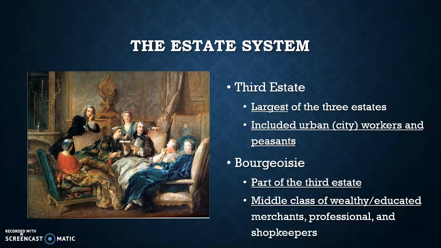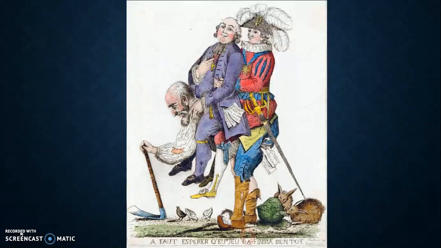They are very well educated and wealthy merchants, professionals, and shopkeepers. And because they are literate and they have money, they are attracted to Enlightenment ideas, and they are also more likely to question the government.